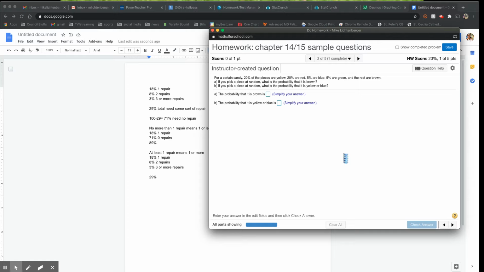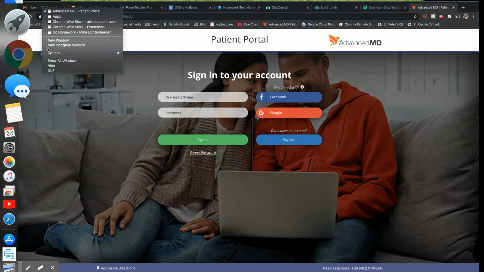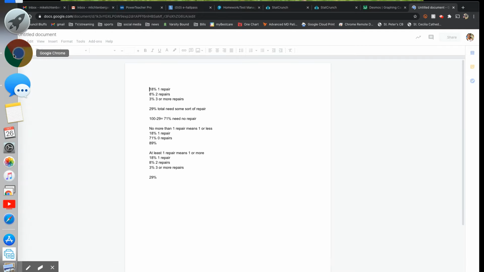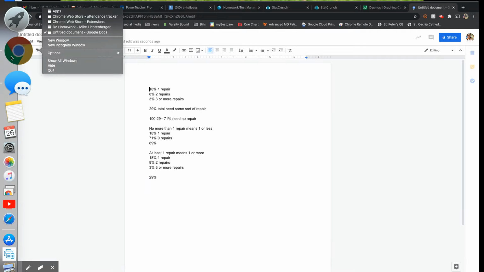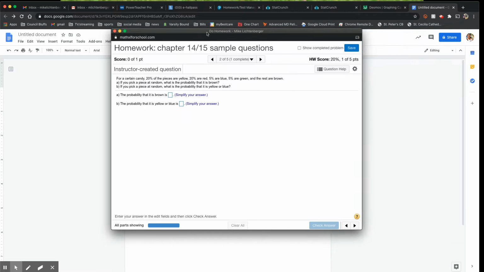Okay, for a certain candy, 20% of the pieces are yellow, 20% are red, 5% are blue, 5% are green, and the rest are brown.